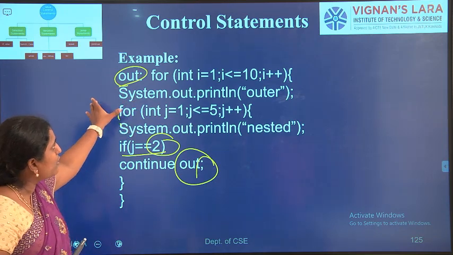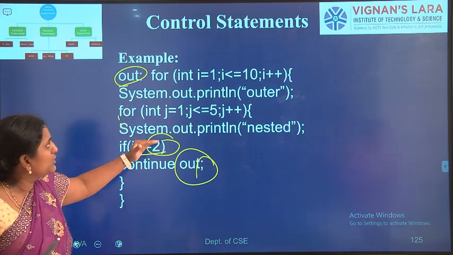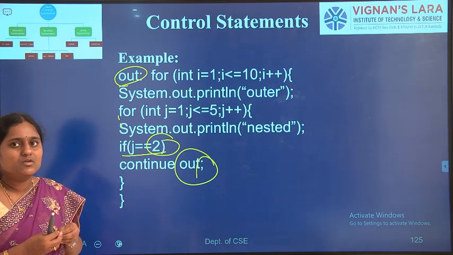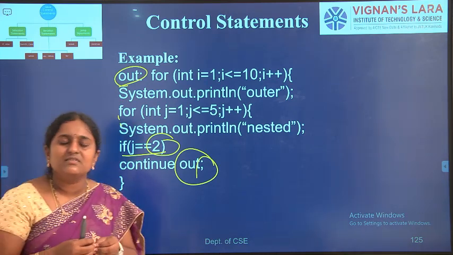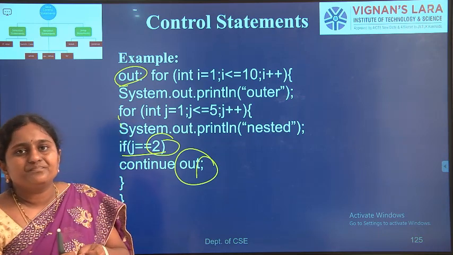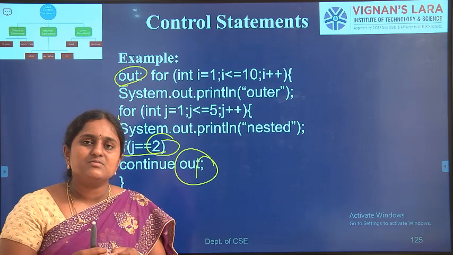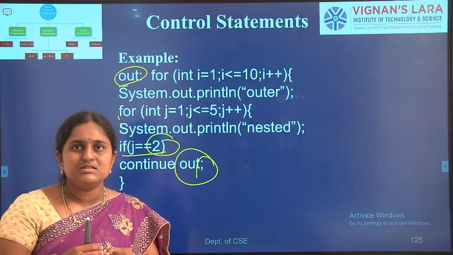Without the out keyword, try to execute the program. As you can see, what is the difference between without applying the keyword and with applying the keyword? What is the difference between labeled and unlabeled statements?